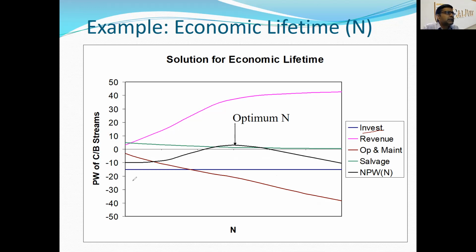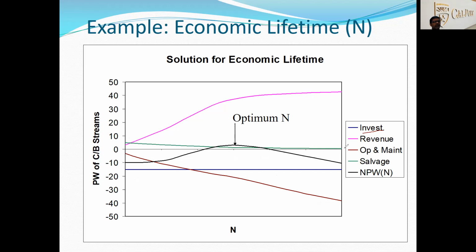It is a fixed cost, but salvage is also a fixed cost, right? But if you look at the green line for salvage, that is not a straight line. It starts out at the 0-year value, but it starts to go down as n increases. So salvage value is also fixed, right? If you remember seeing that from the previous slide.